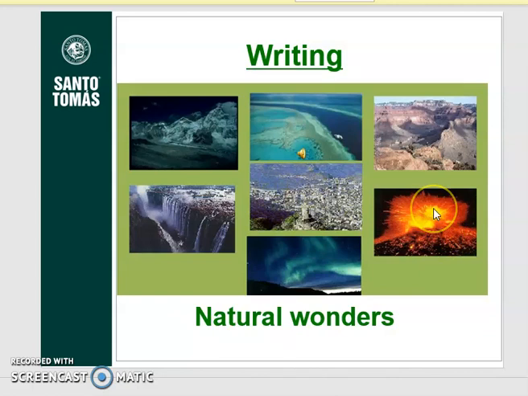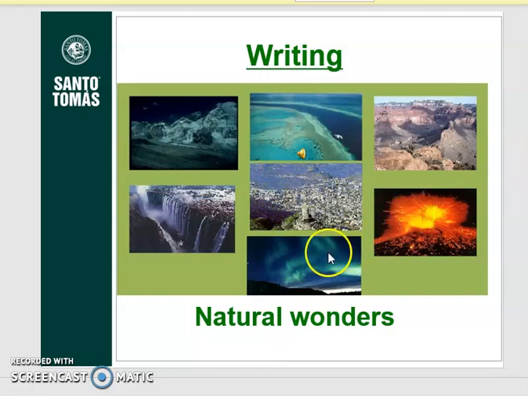So here I can see a volcanic eruption. It looks quite dangerous because there's a lot of molten magma and lava blowing out all over the place. That it is certainly frightening, and I would not like to be there. So, just by describing that picture, now I have an idea and some key vocabulary that I may use.